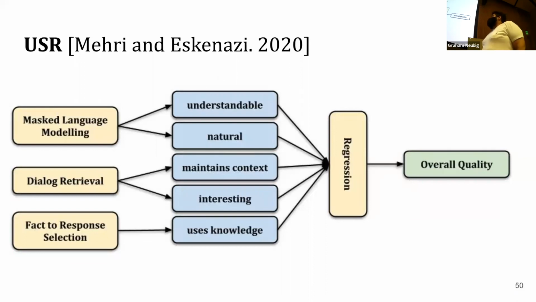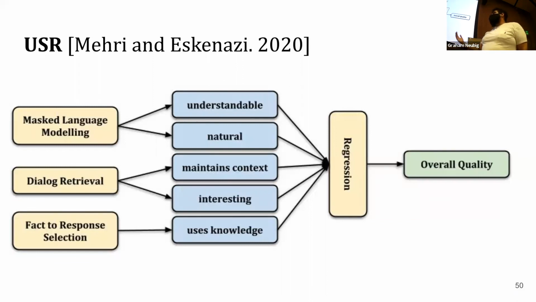And in USR, what we did was we took 5 different qualities of dialogue: understandable, natural, maintains context, interesting, and uses knowledge. We annotated a data set of responses for these 5 qualities, and then we trained models in a self-supervised manner to act as proxies for these 5 qualities. So masked language modeling, for example, aims to model whether a response is natural.